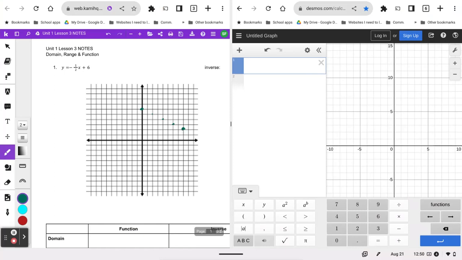There we go. It's getting a little bit bigger, and you can see we have our line going this way. Not perfect, but you get the idea. Can't exactly use a ruler on this one.